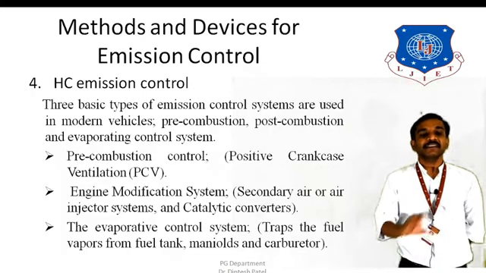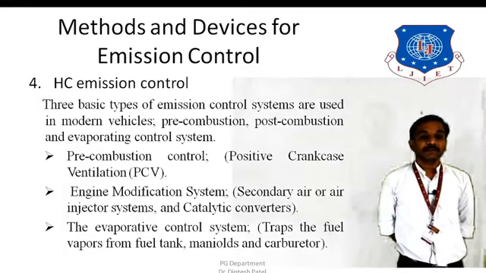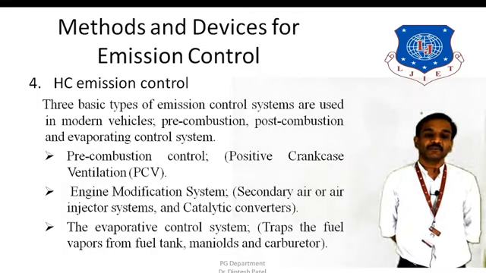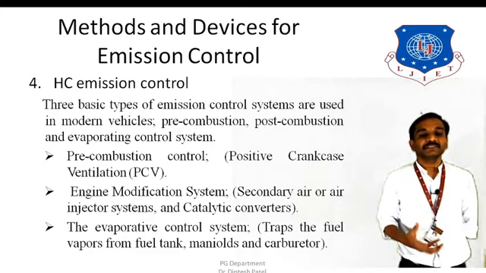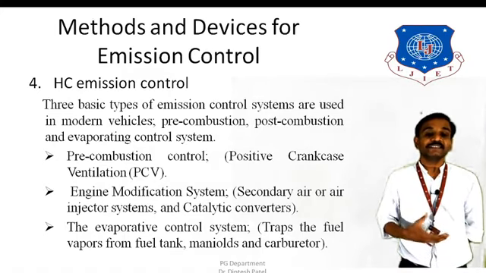So there are three basic types of emission control system, such as the pre-combustion, then post-combustion, and evaporative control system. In pre-combustion control, we can provide the positive crankcase ventilation, which is also known as the PCV.